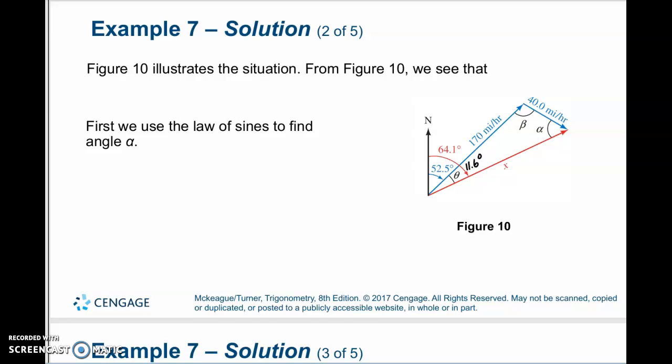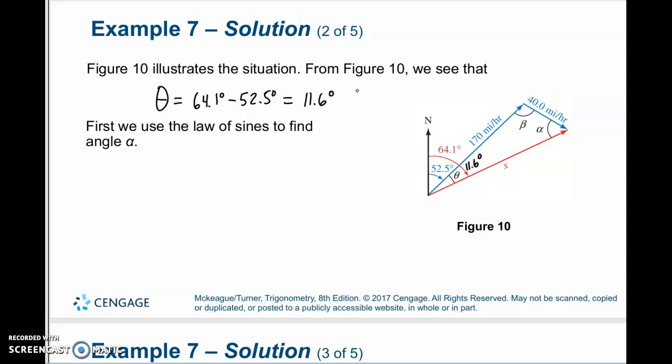Theta is equal to 64.1 minus 52.5, which gives me 11.6 degrees.